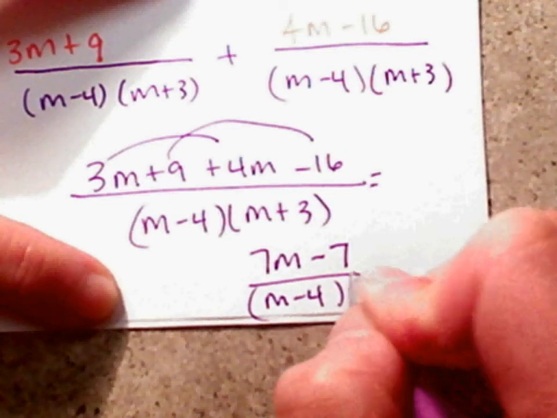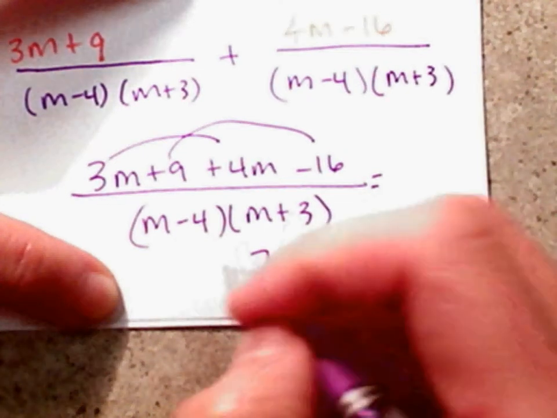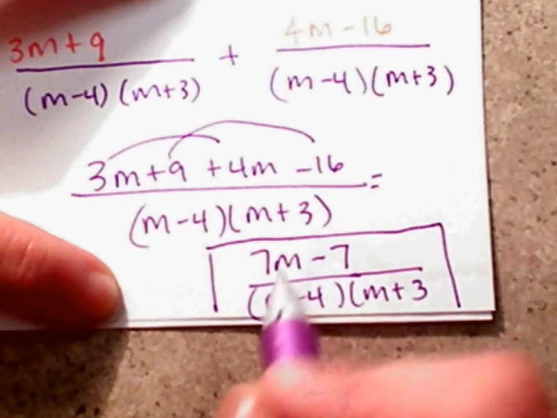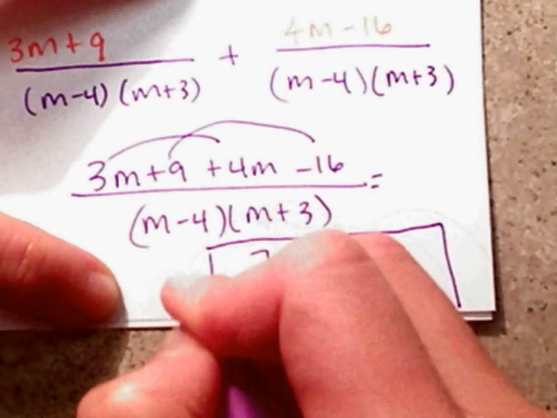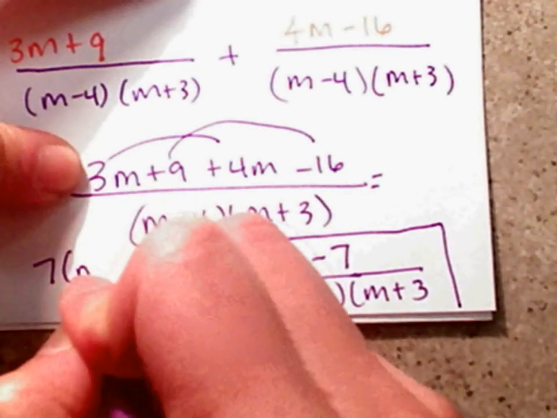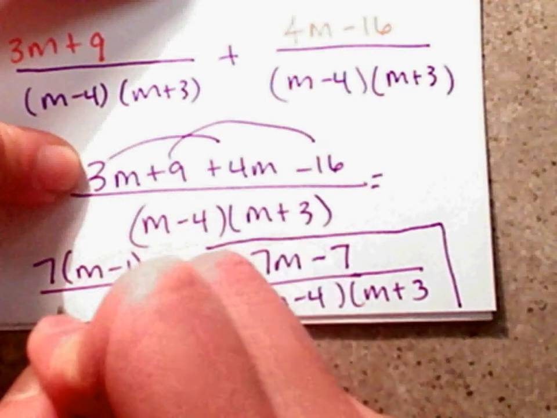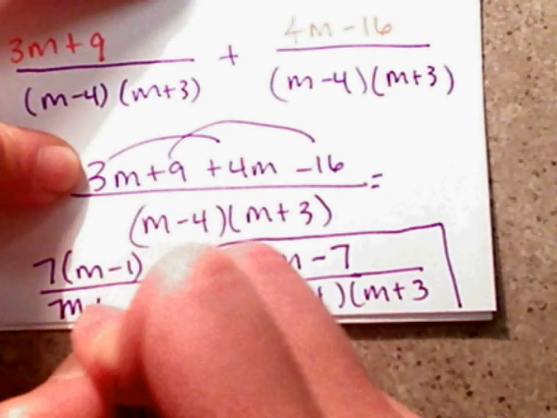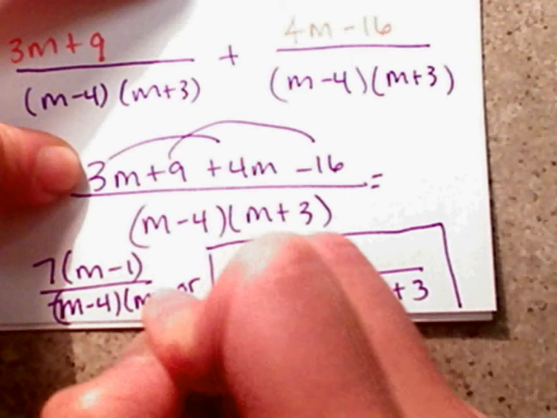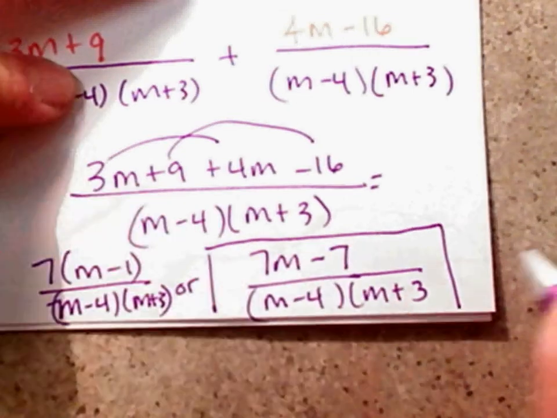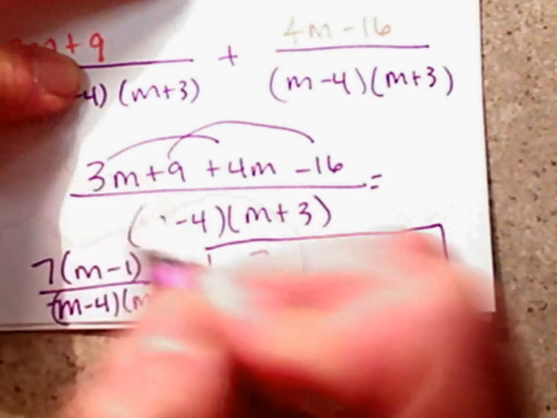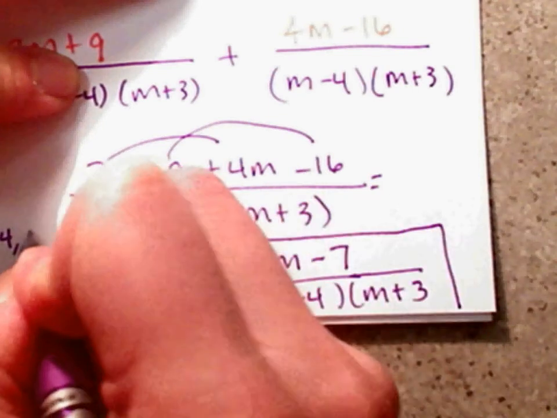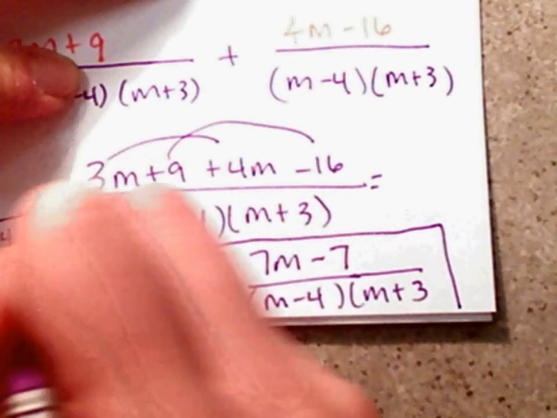You can leave your answer just like that. Or you can factor out your 7. Here's your or. 7 times m minus 1 over m minus 4 times m plus 3. And m cannot be 4 or negative 3. Okay? So you can write your answer either way.